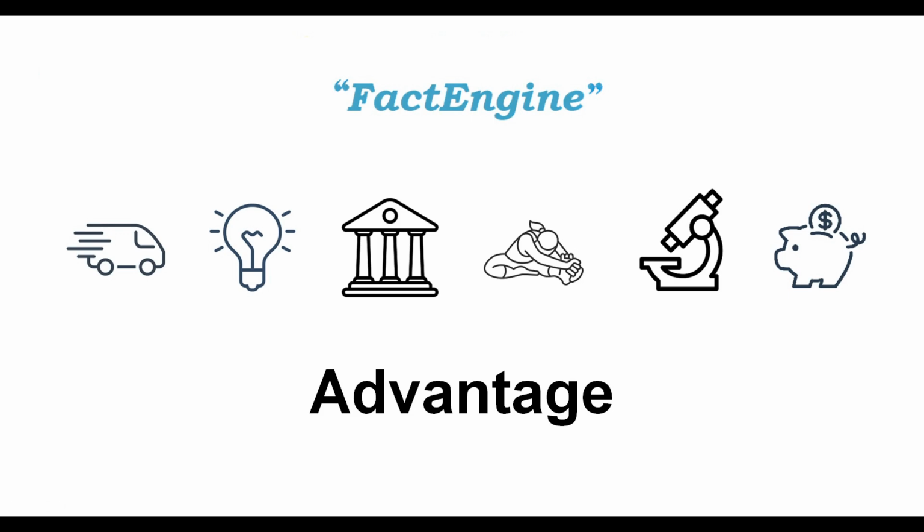You still get the microscopic view into your data, so you can run your business intelligence queries in your native language, so SQL or Cypher or TypeQL. But you also get the advantage of being able to write ad hoc business intelligence queries in controlled natural language, or even natural language if you hook up FactEngine to a large language model.